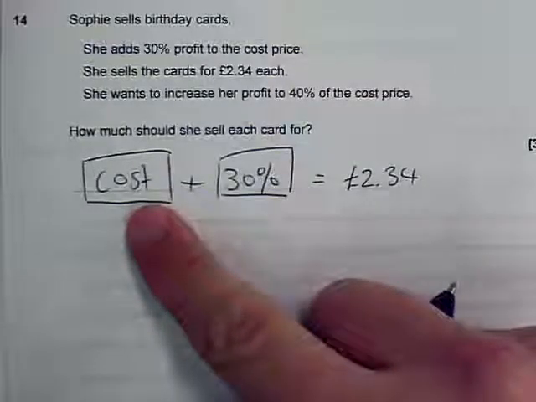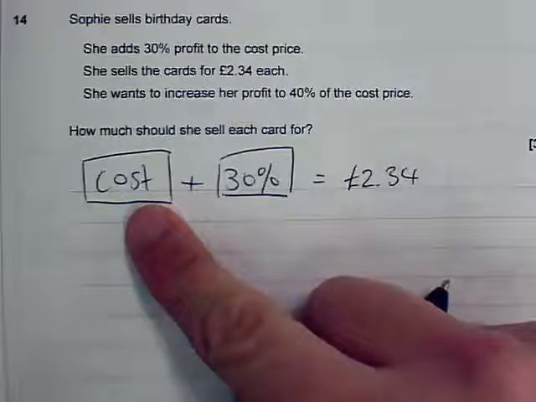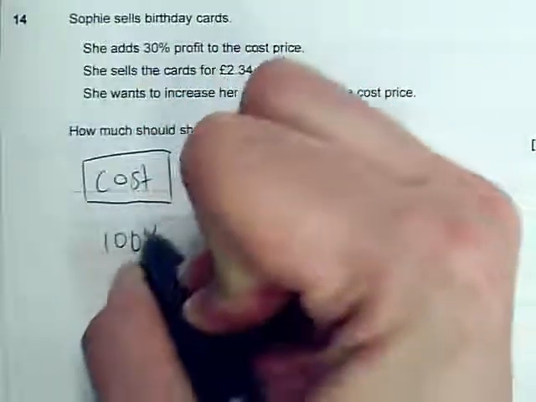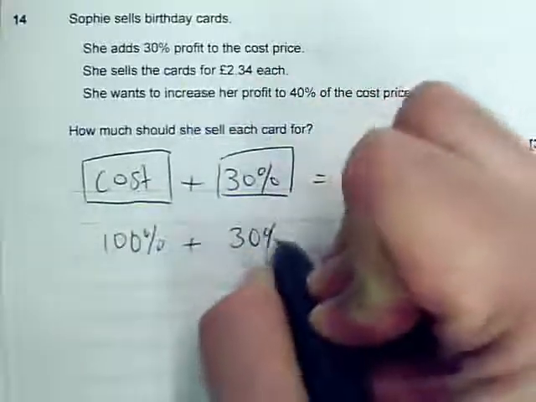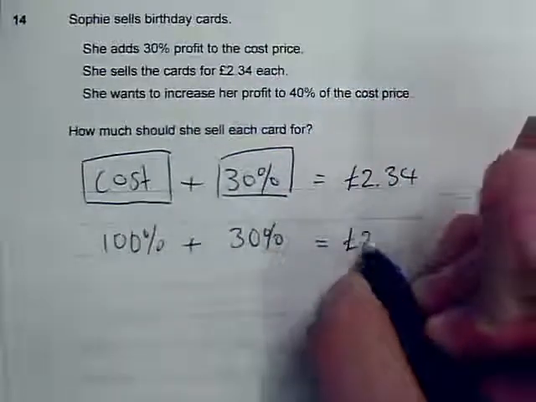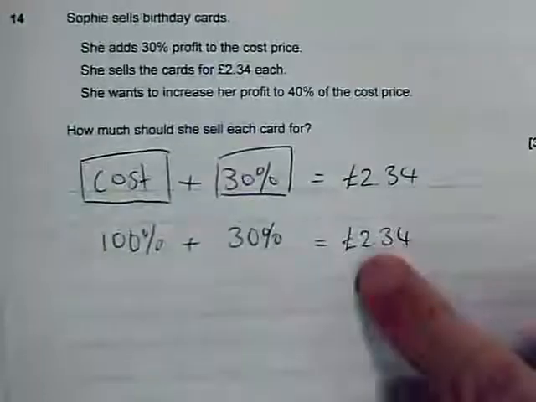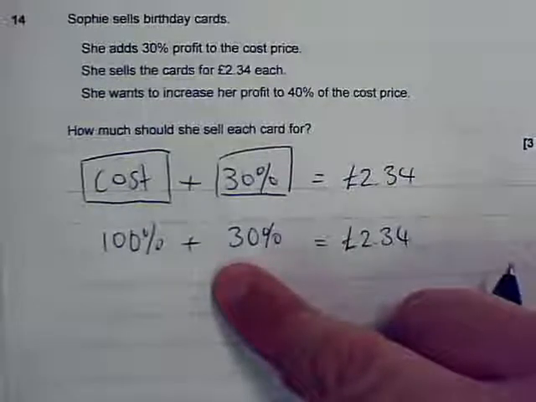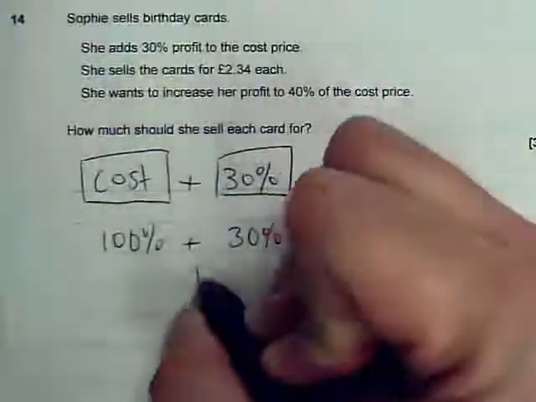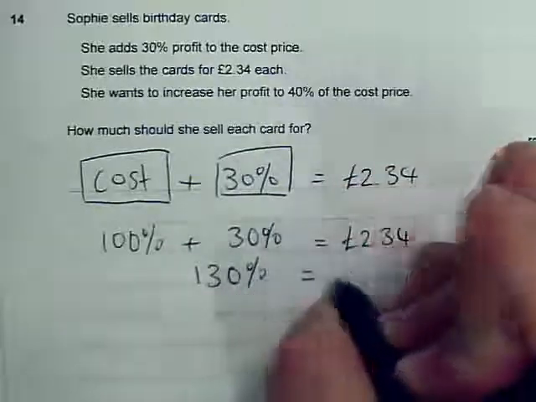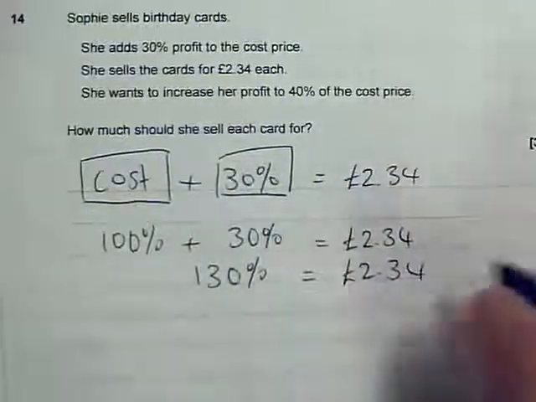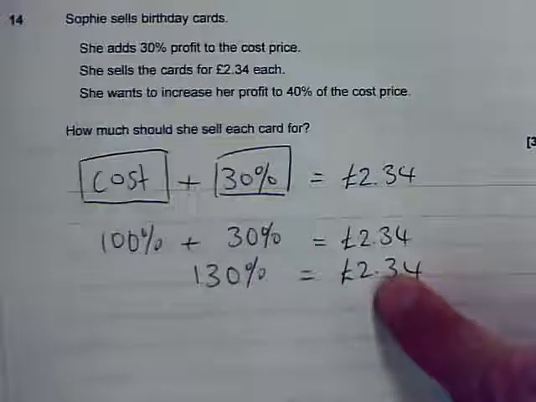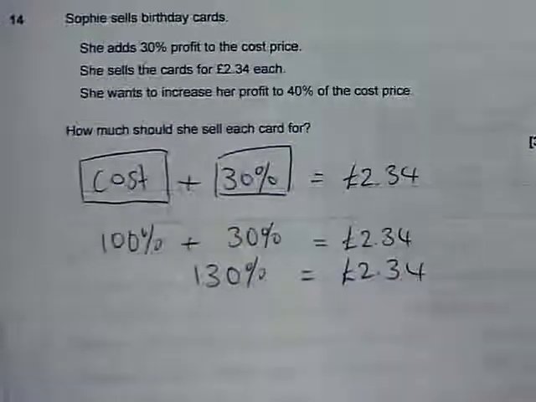So if we say the cost price is 100%, and we're adding on 30%, and that's £2.34, therefore £2.34 is worth 130% of that cost price. So 130% is £2.34, and when we get this bit correct, the rest of the question is fairly straightforward.